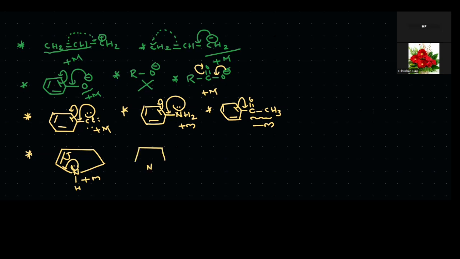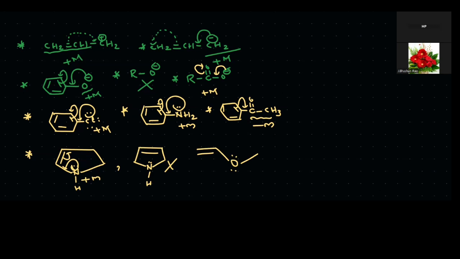Here one double bond, here lone pair. It is non-alternately present. Here there is no mesomeric effect condition. This one. In this case also, oxygen has a lone pair of electrons. It donates electrons to this. This comes to here.